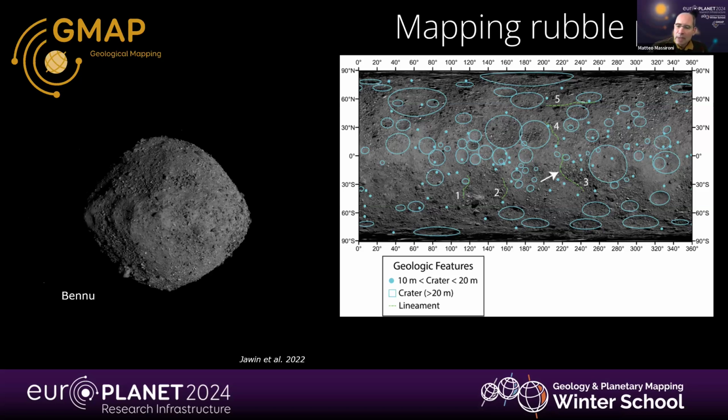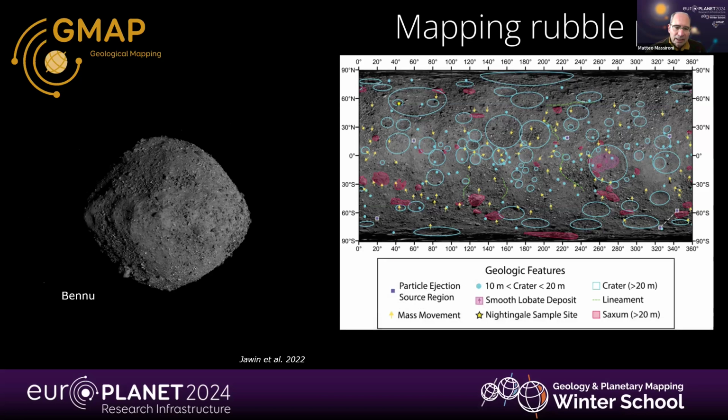And actually, the mapping of these asteroids, as I said before, at the beginning focuses on the mapping of the craters and some linear features. Then you have the mapping of the mass movements, as you see there, that can be a remobilizing of the material that could even be triggered by the impacts themselves.